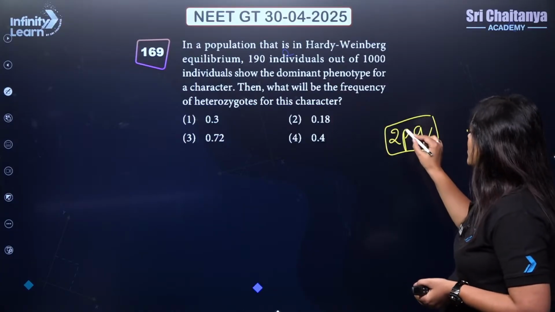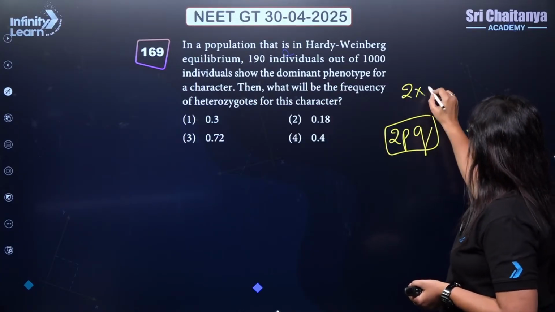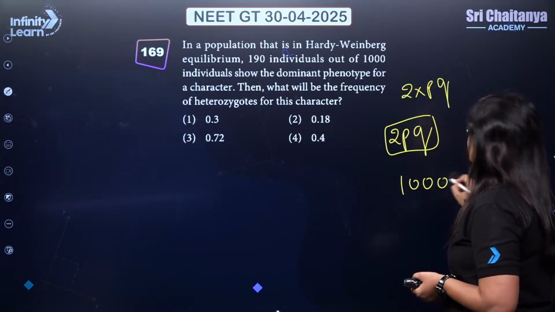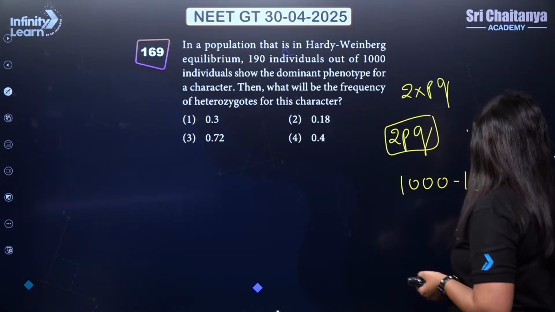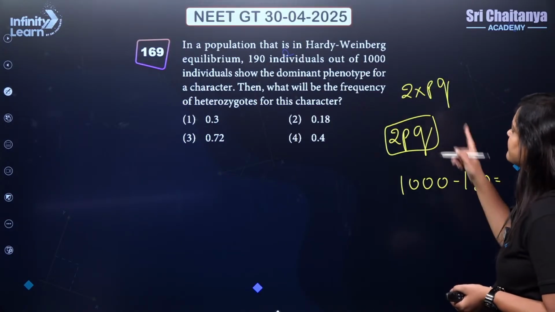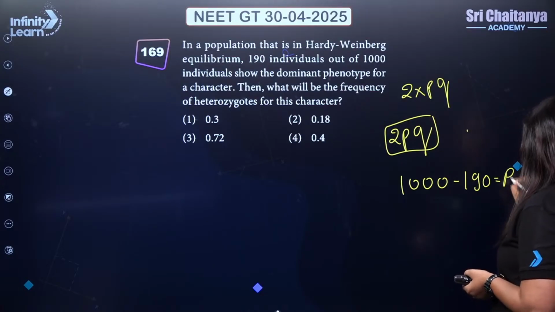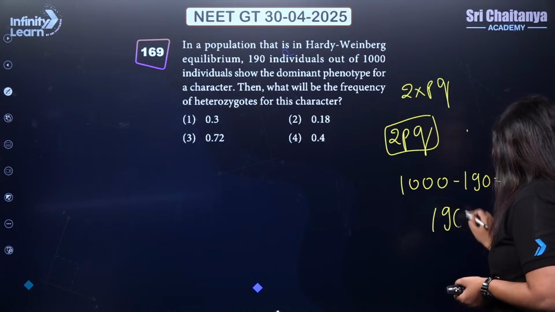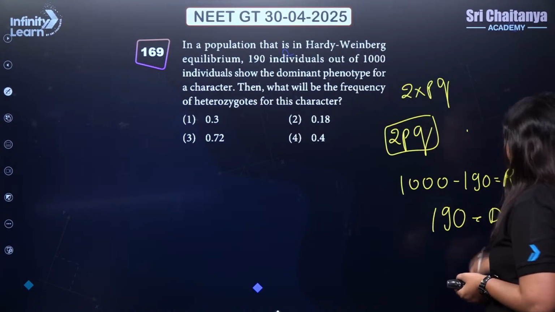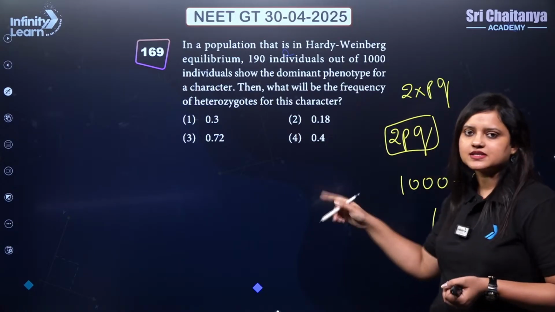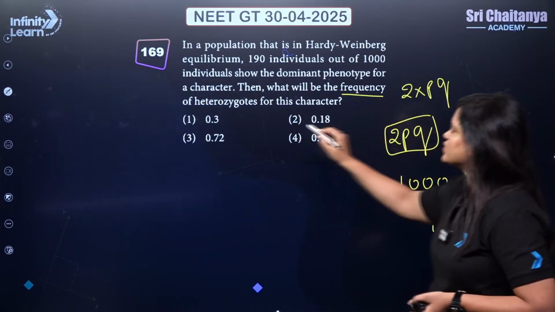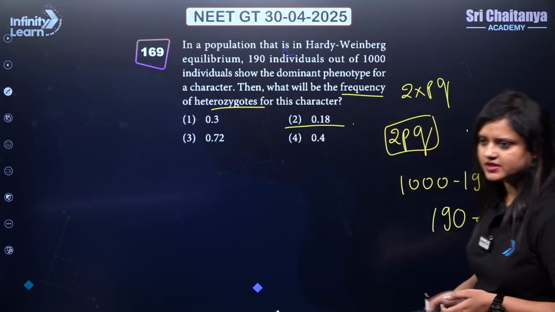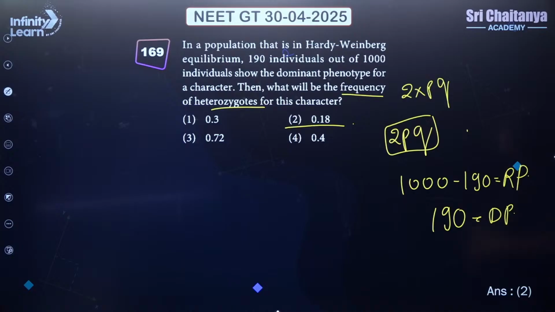Okay, so when we will do 2 into PQ, right, we have here 1000 minus 190 will be the number of individuals having recessive phenotype, right, and 190 have the dominant phenotype. Okay, so we can calculate the frequency of heterozygous individuals by 2PQ, which will be around 0.18. Okay, so correct answer should be 2.